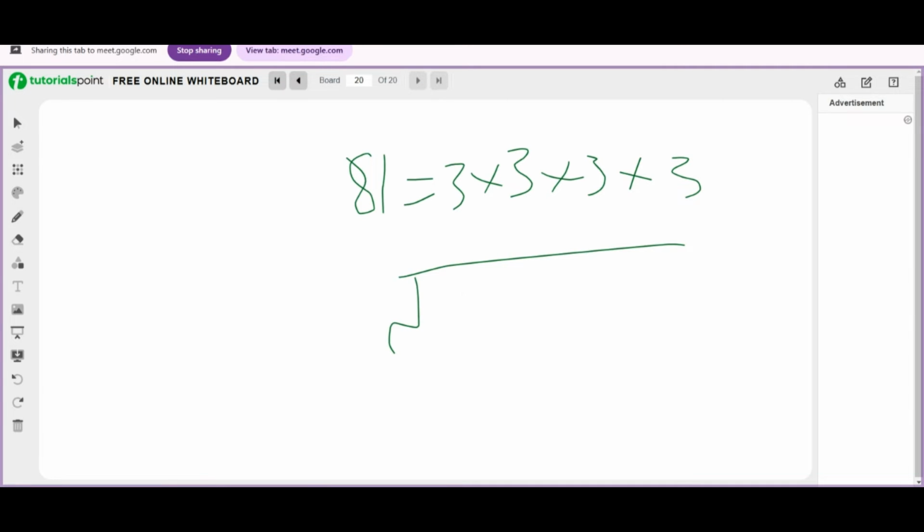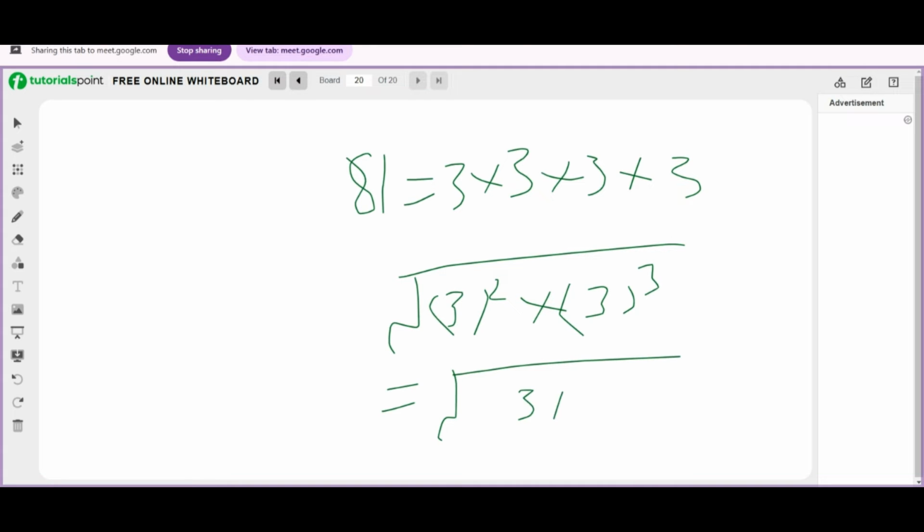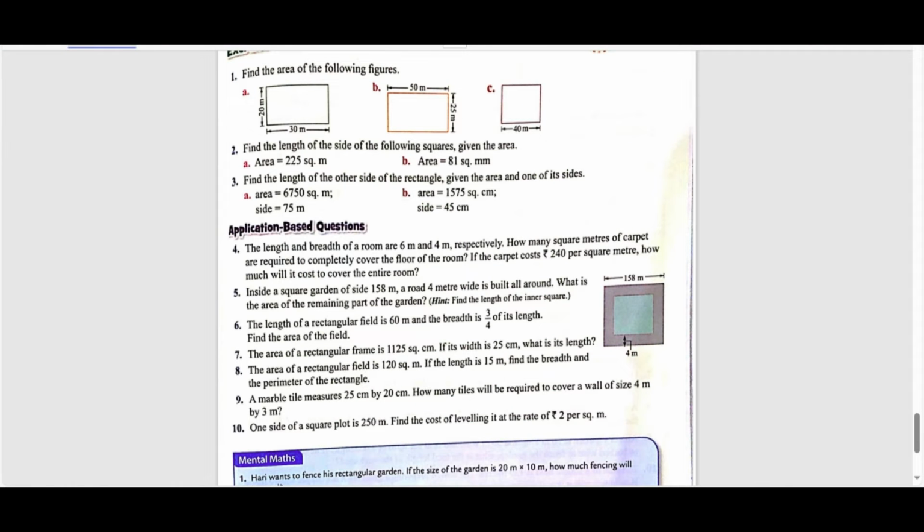And under this, you have to make a square and then whole square and then cancel out. 3 threes are 9. So the answer will be 9.